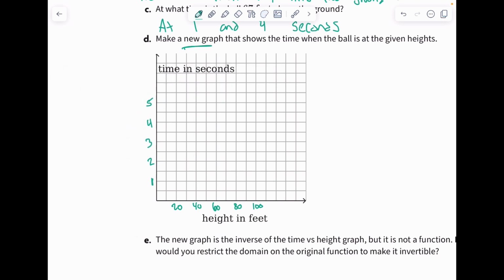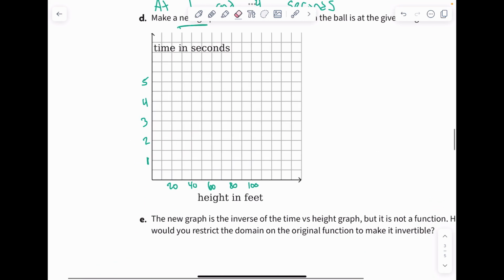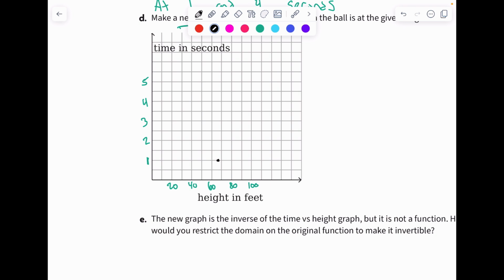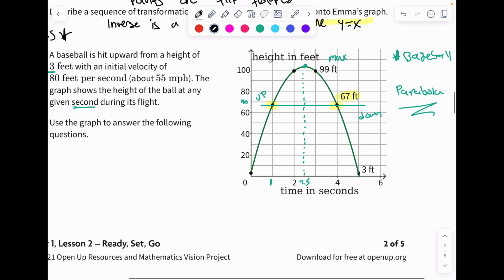Perfect. Cool. So at 1 second, the height was 67 feet. So at 1 second, we are essentially close to 67. So I'll make a dot right here. This is 70, 67. Right here, we'll do that. And then let's see another point at 4 seconds. We're also at 67, so I'm gonna make a point right there. What else do we see? What are some other good points? So at 2 and at 3.